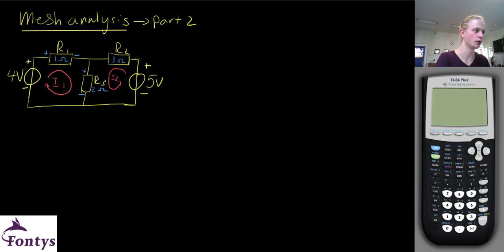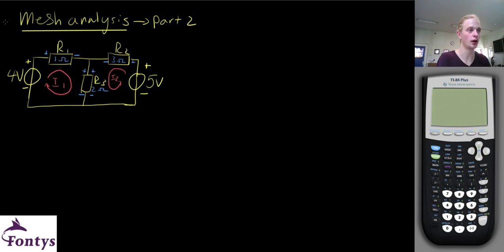For the other loop, the current enters R2 over here, so this will be the positive side and this will be the negative. And then here the current enters on top, so for the right loop, this will be the same as well. If I chose I2 to flow clockwise as well, the positive and the negative side for R3 will be different for both loops.